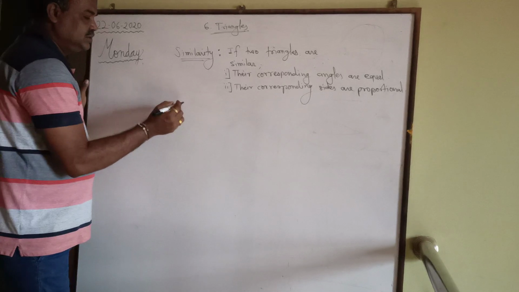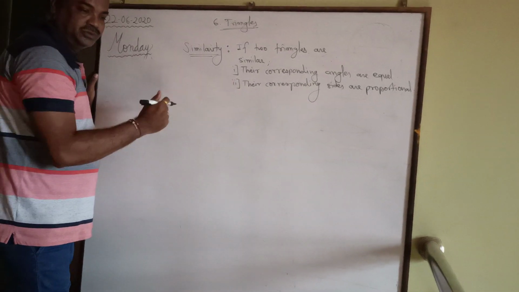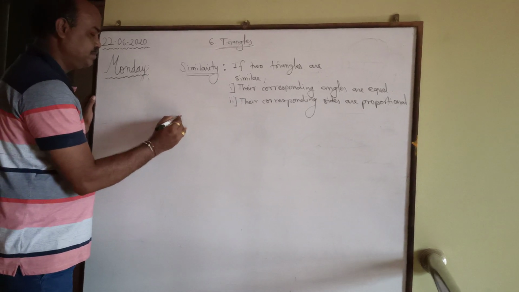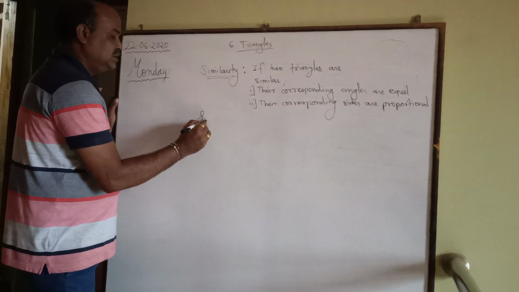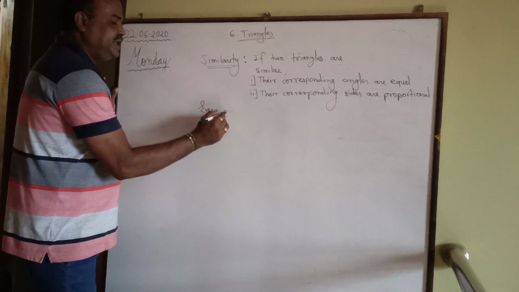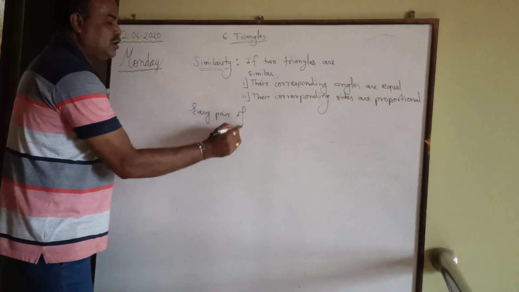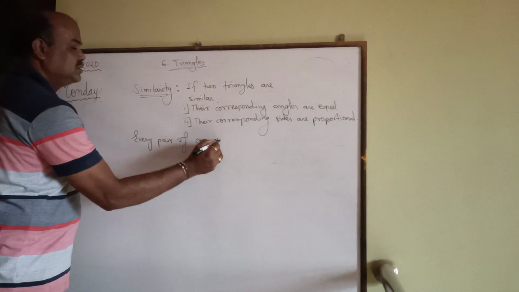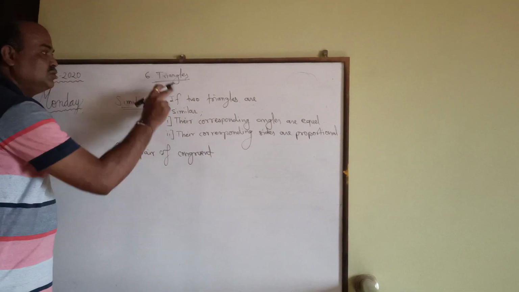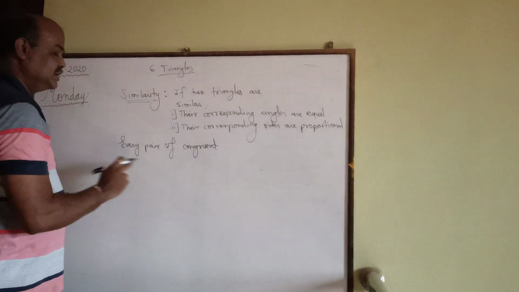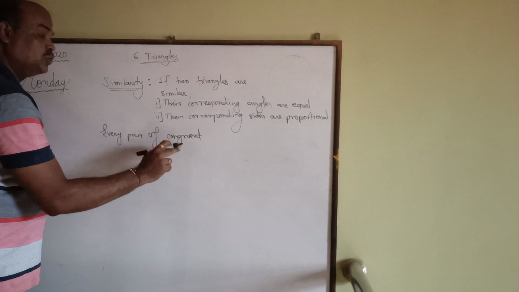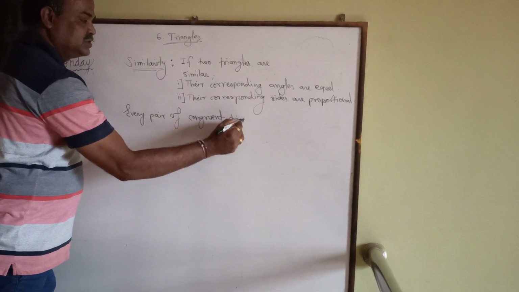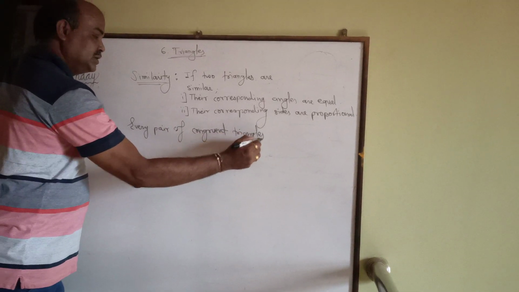Second thing, we come to know through the earlier discussion that every pair of congruent figures, we are going to deal with triangles only. So every pair of congruent figures, that is triangles, we are going to take here.